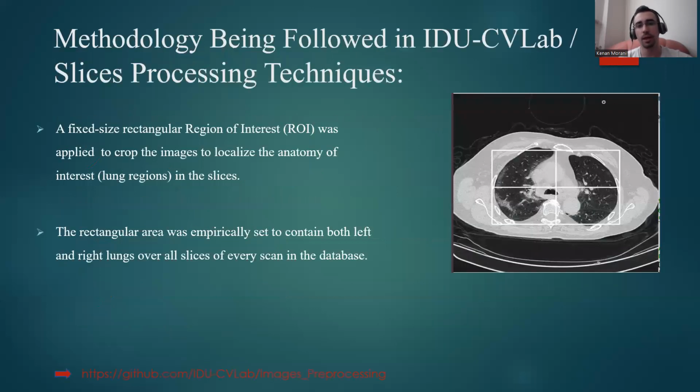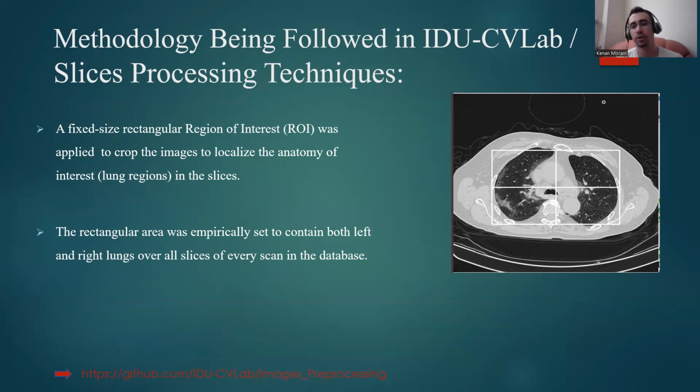Perfect. So the methodology being followed in our lab starts with slice processing techniques, the techniques that we use to process the slices themselves. As you can see here on the right-hand side of this slice, there is a region of interest. A fixed size rectangular shape will localize the region of interest with those two lungs, the right lung and the left lung.